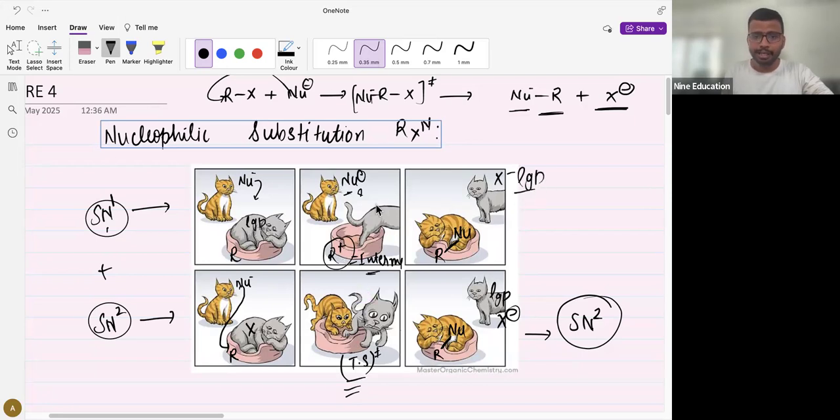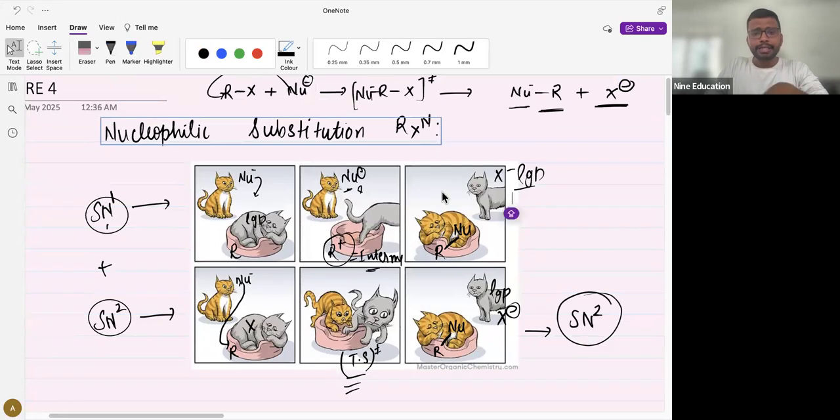This leaving group will leave first, then this nucleophile will come and then she will come and sit, है ना। So these are the two mechanisms of SN1 and SN2.